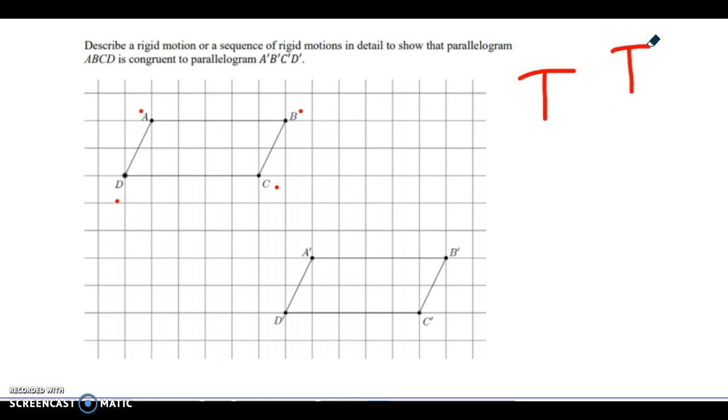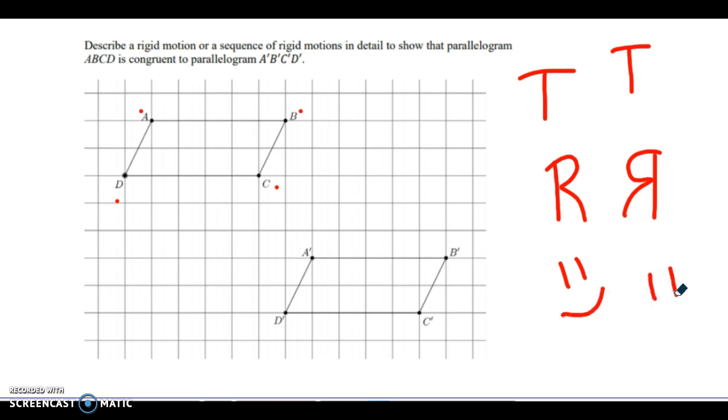Then we have a reflection, we'll use the letter R, and a reflection is that mirror image. And then we have rotation, so I'll use a smiley face. If we rotate that guy, that's an idea of the rotation.